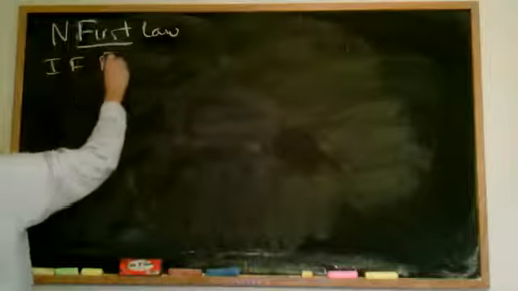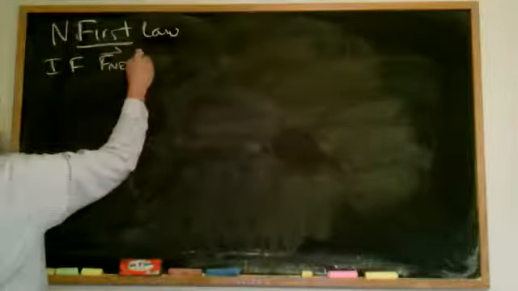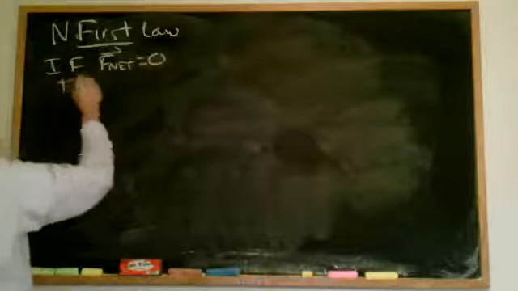Okay, so first thing to do today is to go back, just for fun, to Newton's first law. Just to remind you, what does it say? It says if the net force on a body or system is equal to 0, then the velocity is equal to a constant.